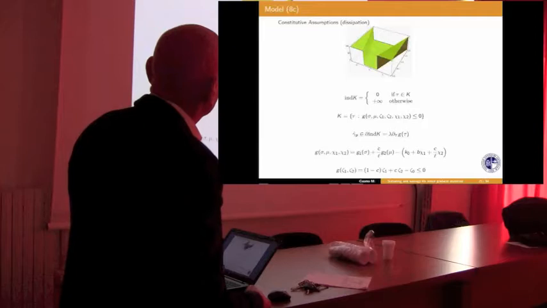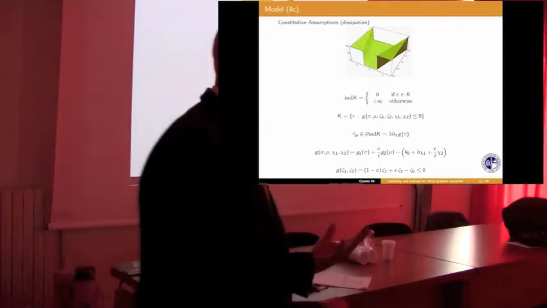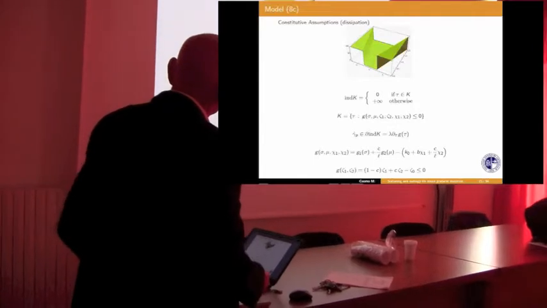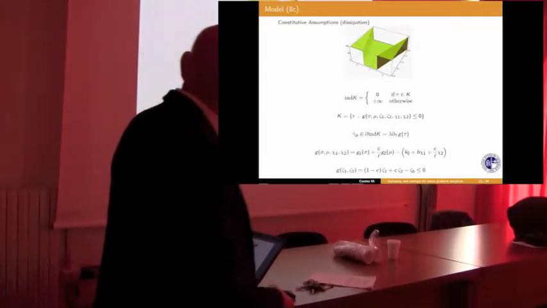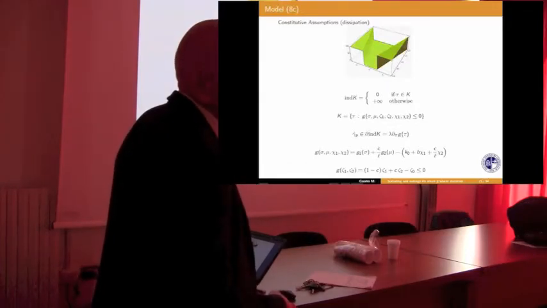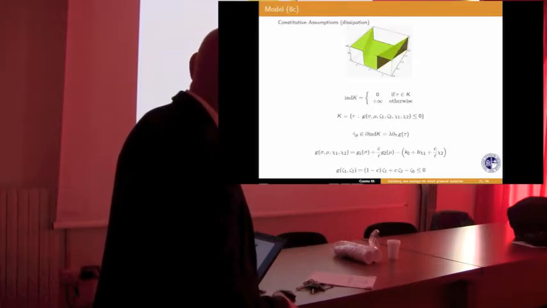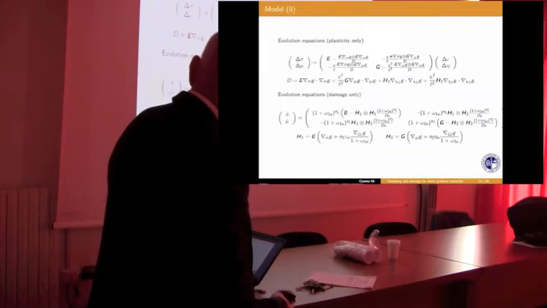And here is a parameter C that weights the local and the non-local contributions. This would be a damage function. It means that a combination, in this case linear, of the first and second damage thermodynamic forces should not exceed the threshold, which is the fracture energy.